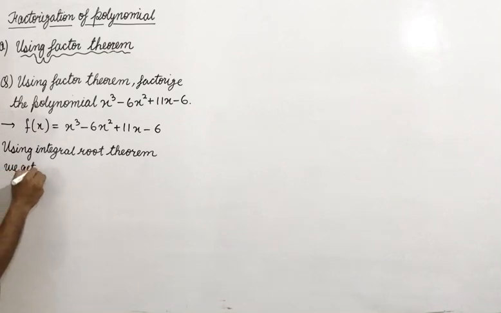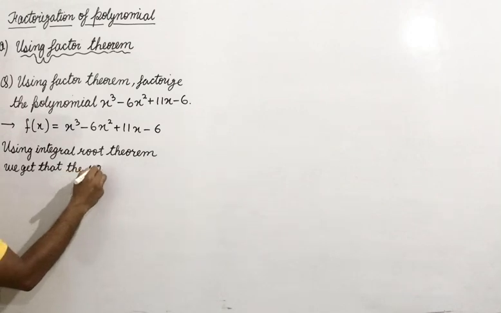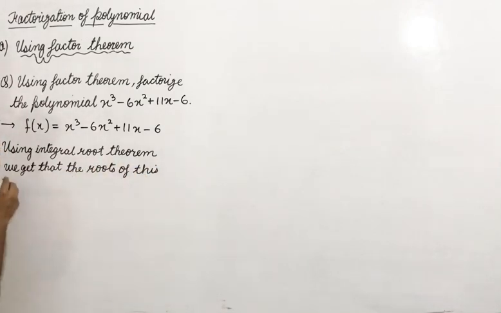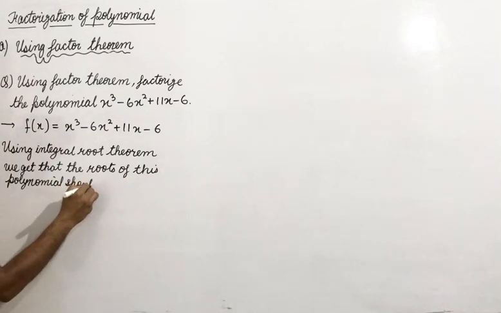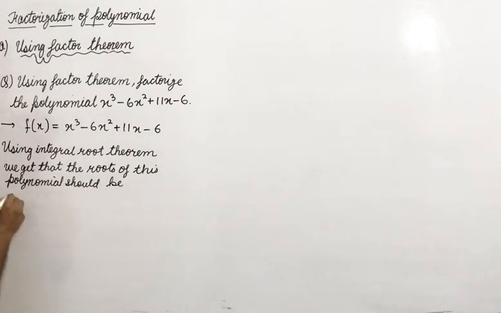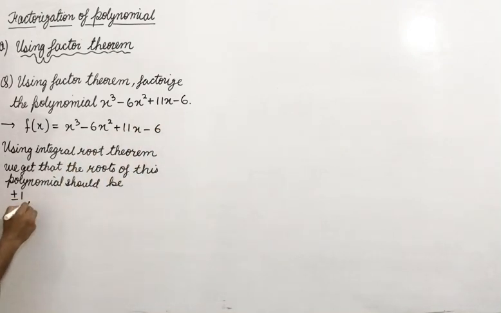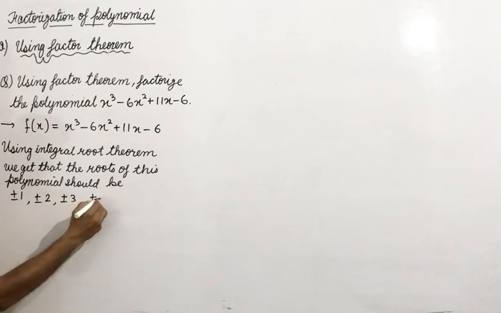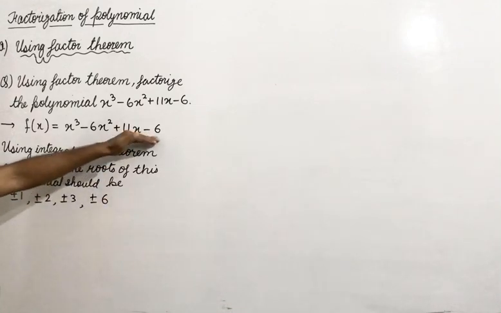We get that the roots of this polynomial should be plus minus 1, that is a factor of the constant, plus minus 2, plus minus 3 or plus minus 6. These are the probable roots of this polynomial.